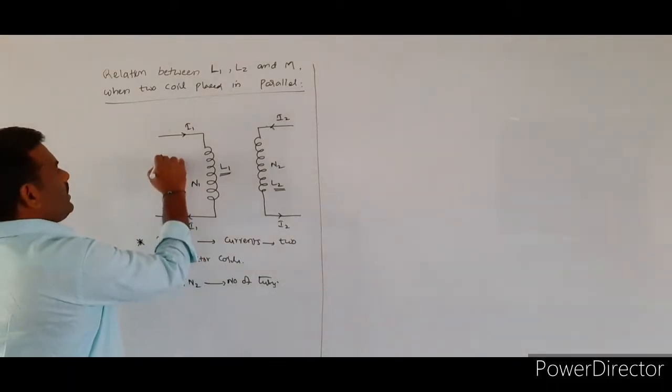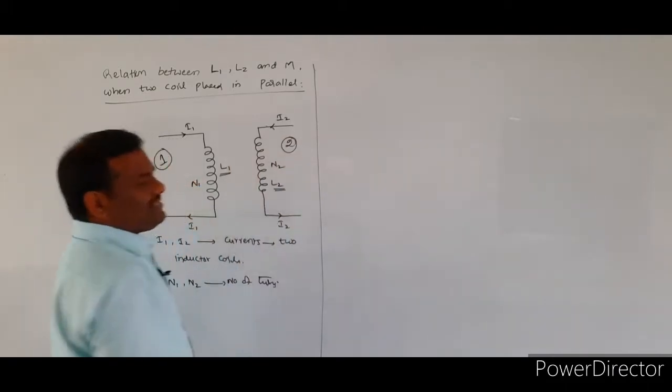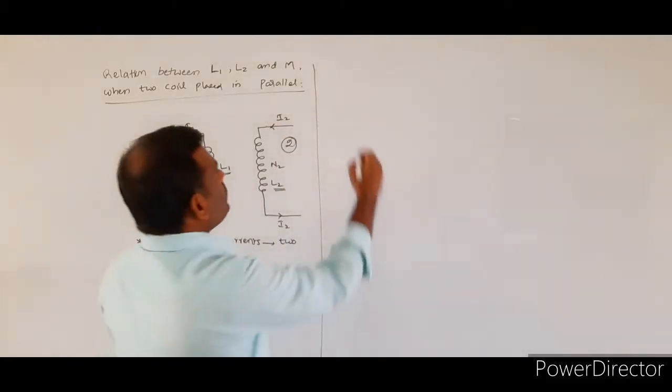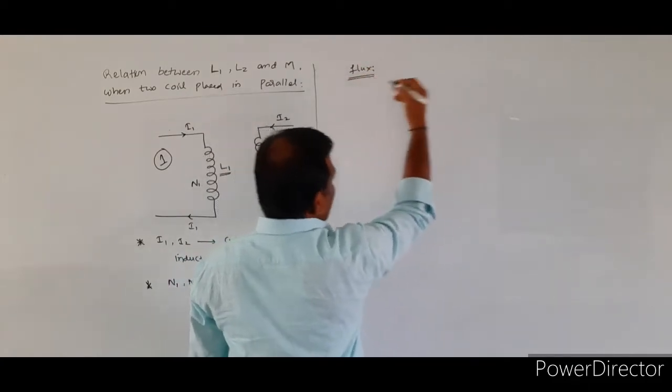This coil we assume as the first coil, and this coil is taken as the second coil. Now, I want to discuss the physical quantity flux.